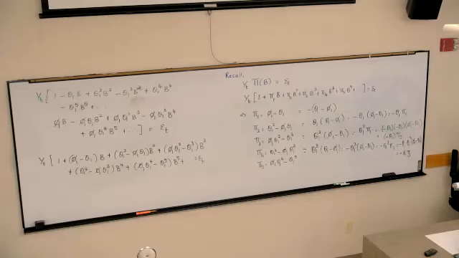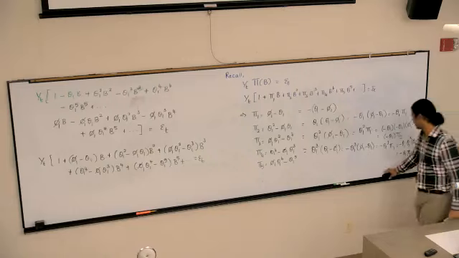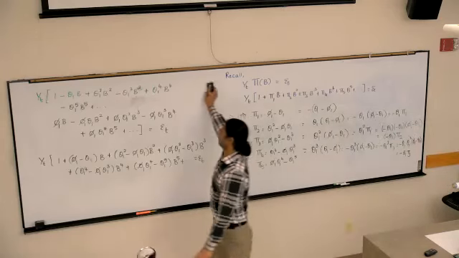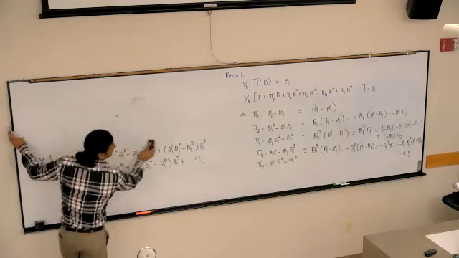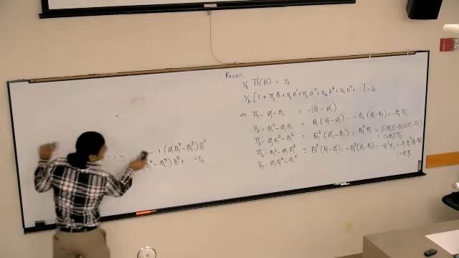Good. I want you to try, you should know the pattern by now. So, what is pi 5? Minus theta 1 pi 3.